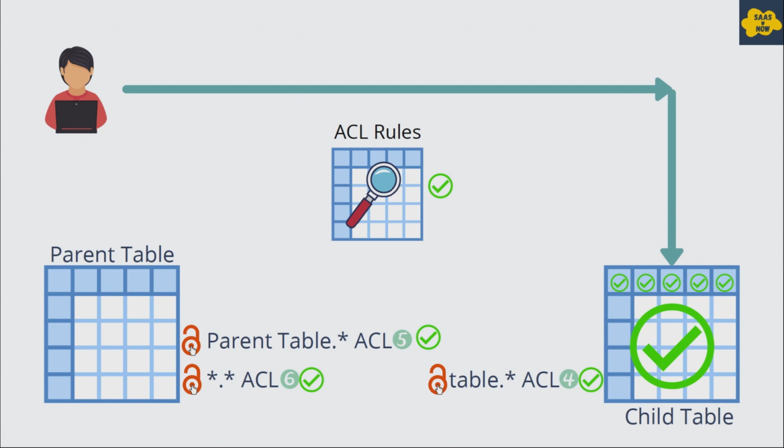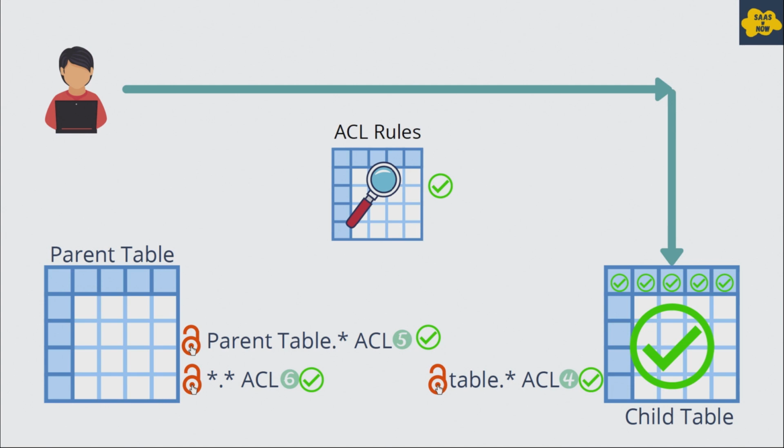Now, if there are two similar types of ACLs created, then user will be able to access records if at least one ACL returns true. So let's say you have a particular table, and you are creating two similar types of ACL and both are, let's say, read.